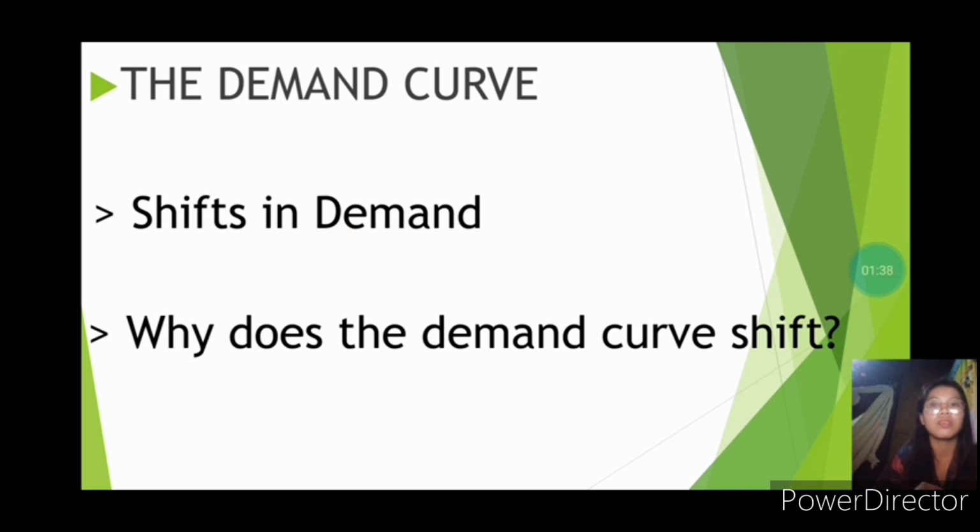So we have the shift in the demand. It means that at any price, the quantity demanded will be different than it was before.